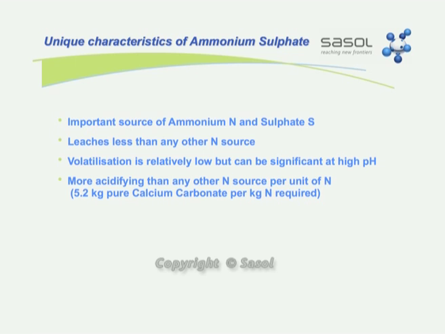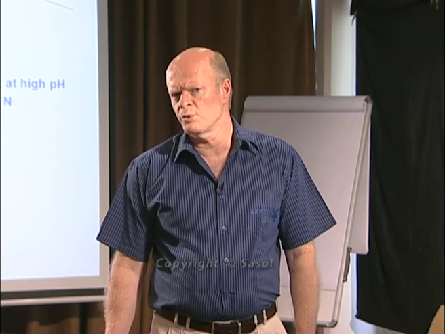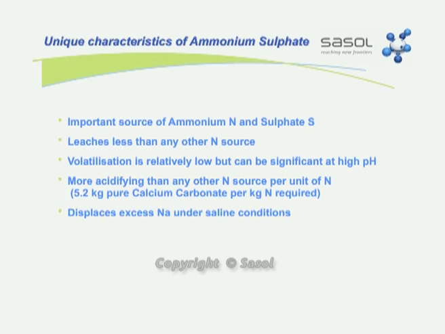To illustrate that, you need 5.2 kilograms of pure calcium carbonate to neutralize the acidifying effect from ammonium sulphate nitrogen. In comparison, you need 1.4 in the case of LAN and 1.8 in the case of urea.